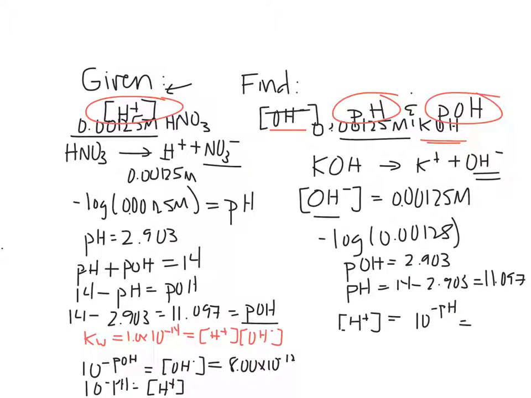So that's going to be 10 to the negative 11.097. So not surprisingly, I'm going to end up with my hydrogen concentration to be the same as we saw, 8.00 times 10 to the negative 12. But this is the molarity of my hydrogen. Hope this helped.